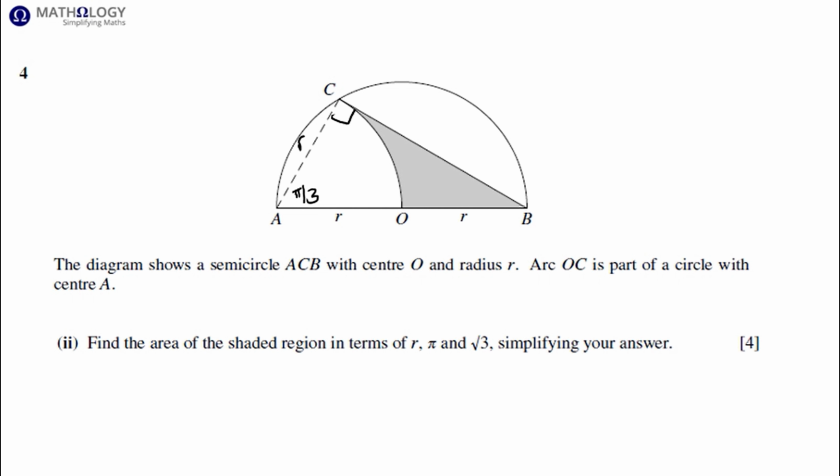Next, we're required to find the area of the shaded region in terms of R, pi, and root 3. Okay, so for the area of the shaded region, we're first going to find the area of right-angled triangle ABC.